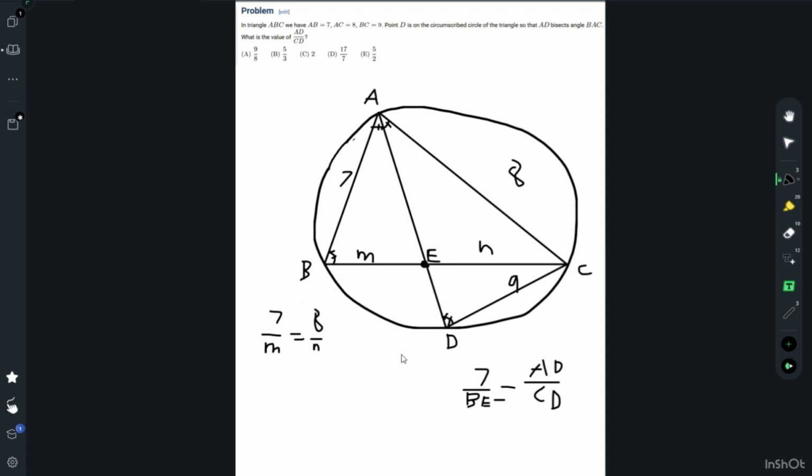So anyways, we also know that M plus N equals 9. So we now can substitute, which is M equals 9 minus N. And over here we have 7N equals 8M.